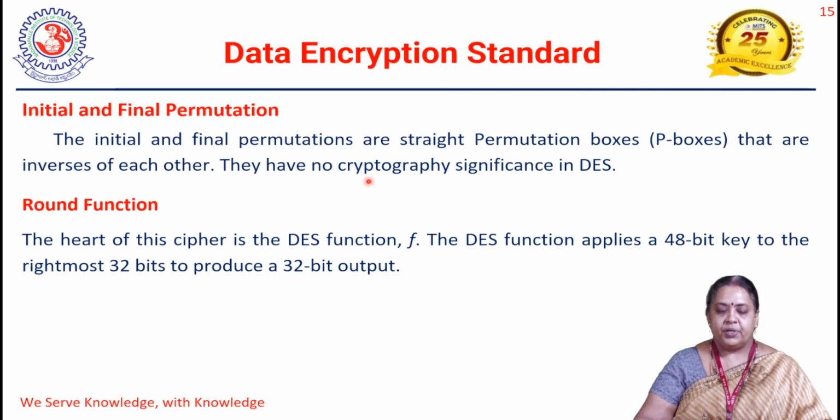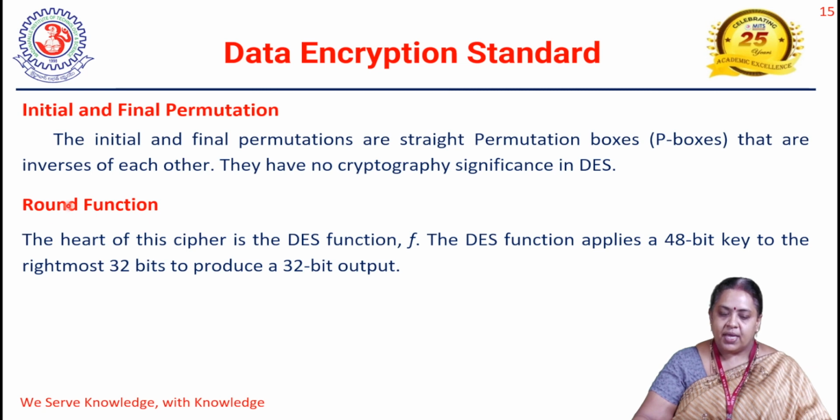These permutations have no cryptographic significance in DES. Before giving it to the round function, we transpose the bits based on the P-box. This P-box is predefined. Based on this P-box, we transpose the bits, so this does not have any cryptographic significance.